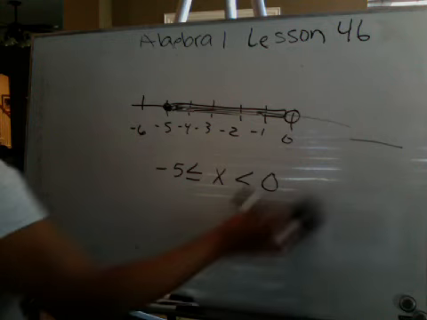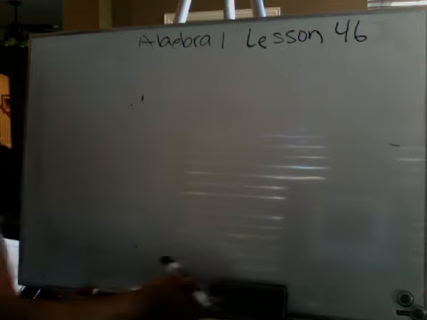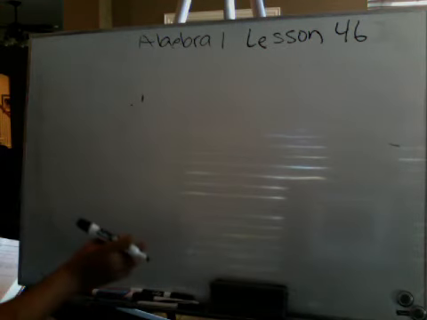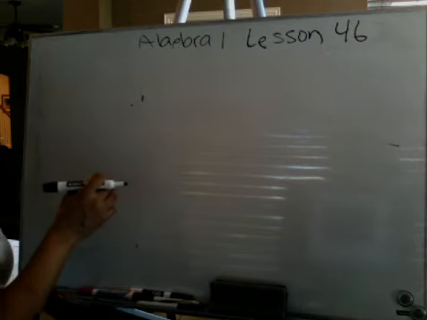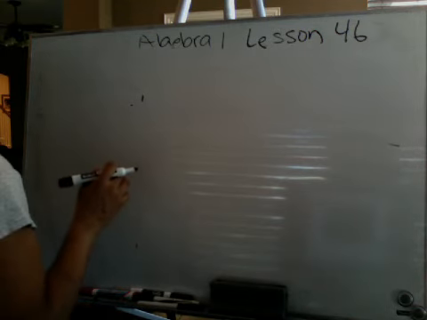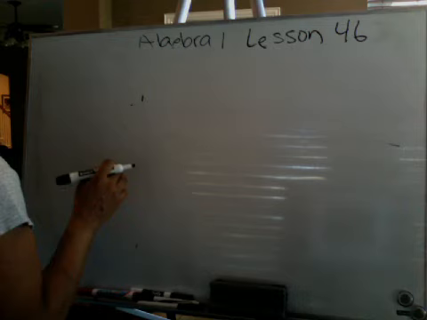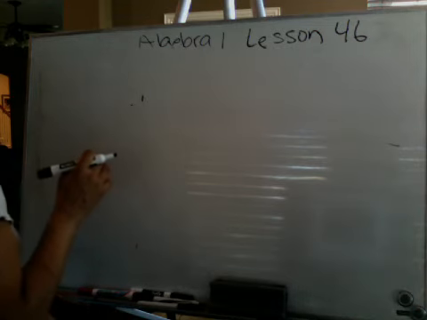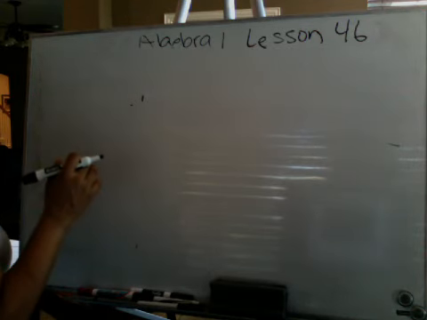Okay, let's look at example 46.4. It says write the conjunction that designates the numbers that are greater than negative 1 and less than or equal to 5.